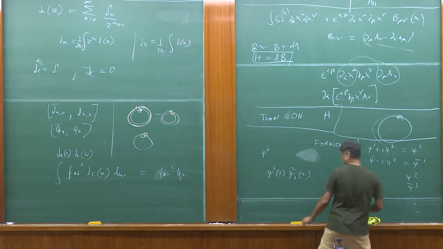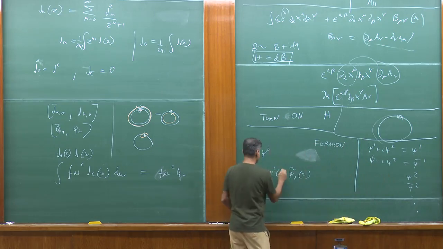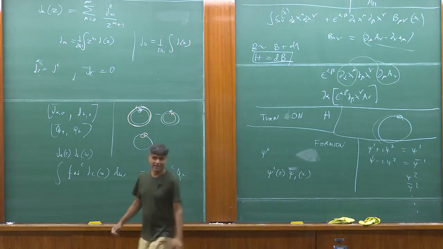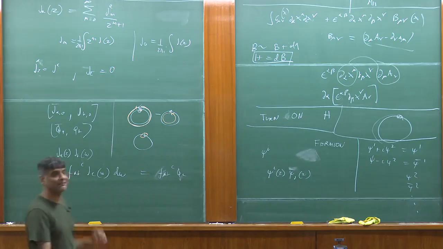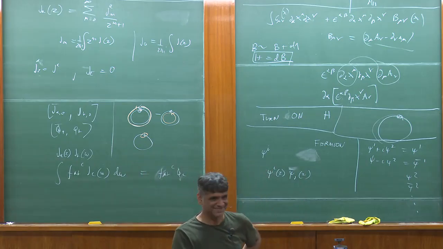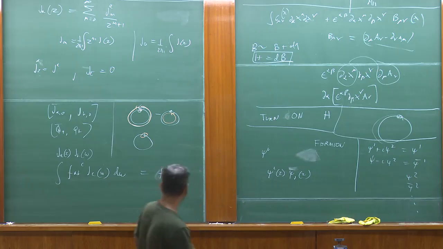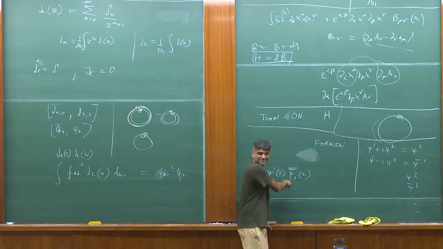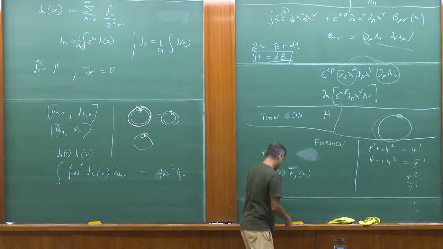Now I take psi I, psi bar j, this quantity, both left moving. This is a dimension 1 operator. Just by using free fermion correlators and the contractions, you can check very easily.